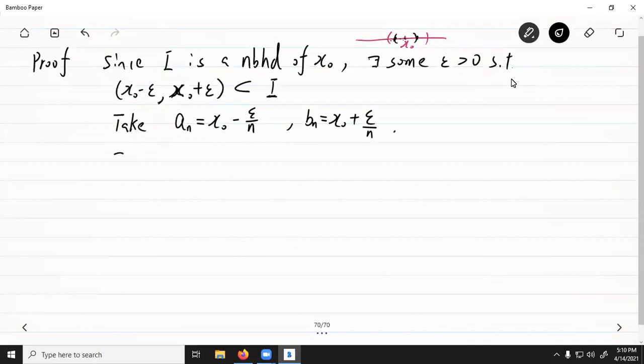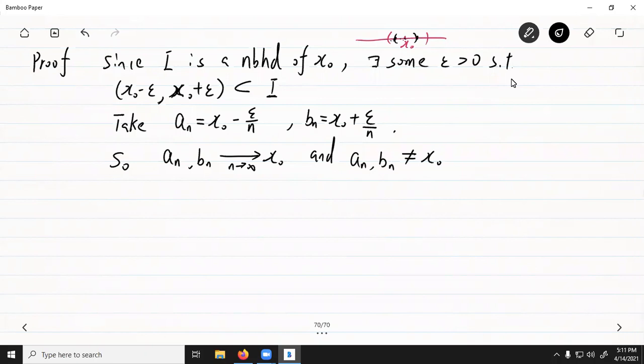If we take these numbers, An and Bn approach x0 when n approaches infinity, and An and Bn are not equal to x0, of course, because epsilon is not 0 and n is not 0.